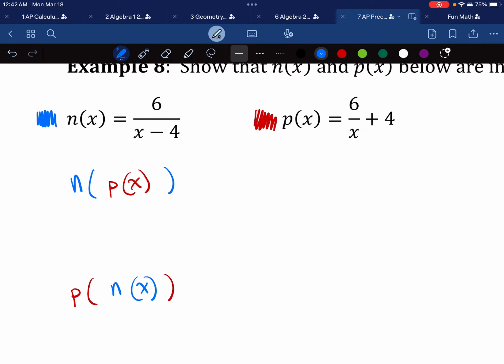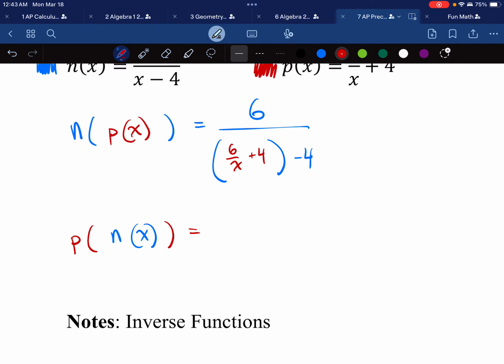Hopefully both of them will be x if I'm doing everything correctly. Let's see. So n of x is 6 all over x minus 4. And inside of that goes p of x, which is 6 over x plus 4. Then down here, this is going to be 6 over x, then plus 4.